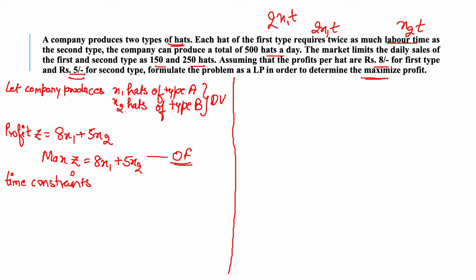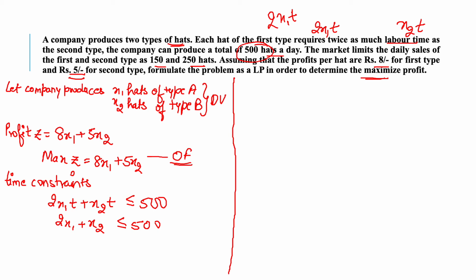Okay, and in total company will produce 500 hats. So this is number and this is in terms of time. So I can write 2x1t plus x2t should be less than 500, and I can remove time because I am dealing with number of hats which should be less than 500.